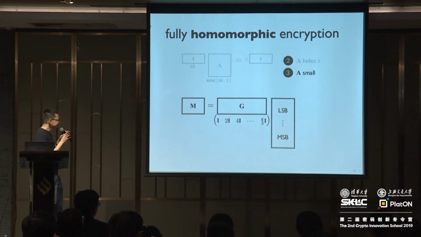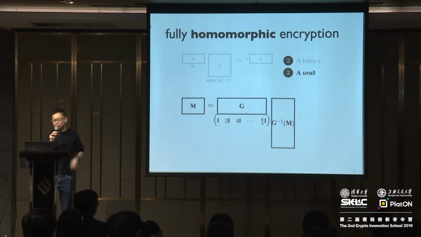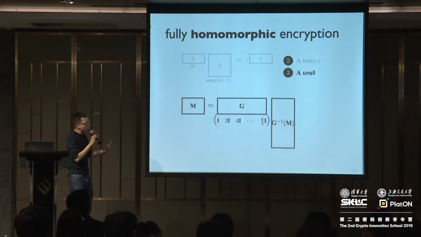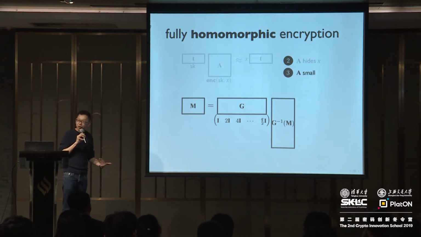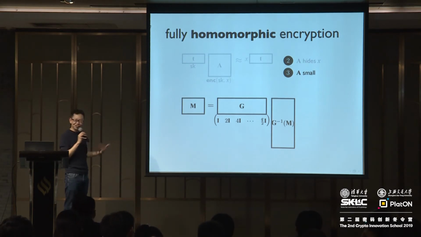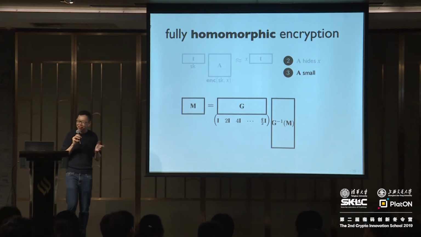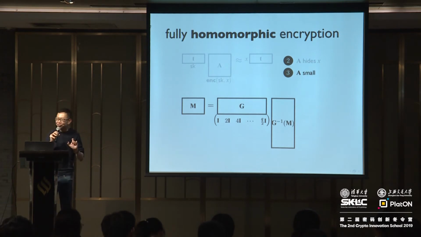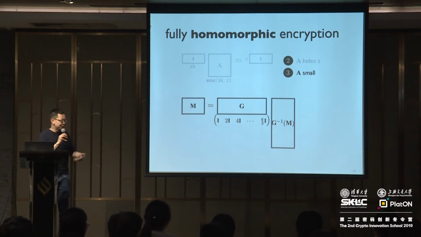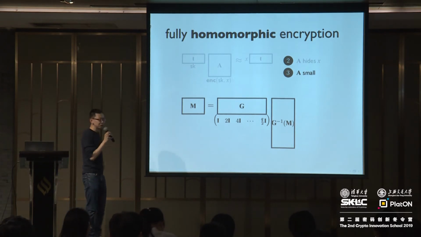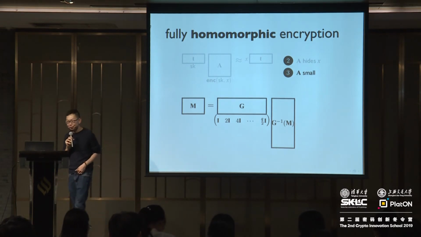Because of this relation, for this talk we're going to call this binary representation of the matrix M, G inverse of M. This is an operation on the matrix that turns it into a 0-1 matrix. We write G inverse because G times G inverse of M is M, so it's sort of like the functional inverse. Think of G inverse as a functional computation, whereas G is a fixed matrix.